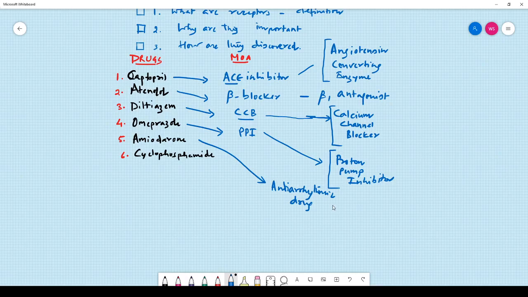But here we are looking at its role as a PGP inhibitor. What is PGP? P glycoprotein. What is cyclophosphamide? It is an cancer drug. It acts on the DNA.